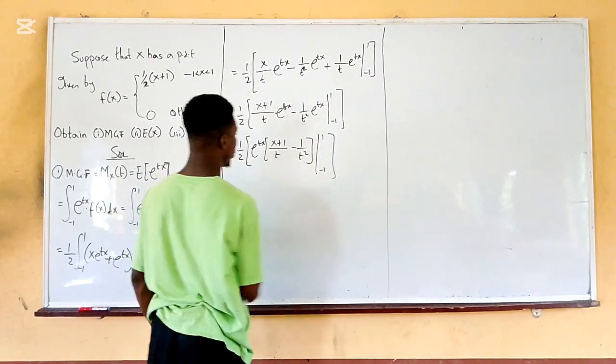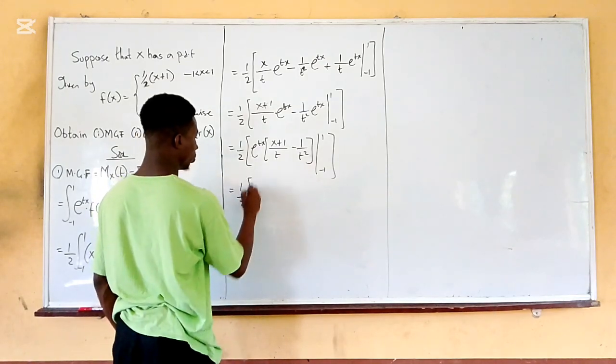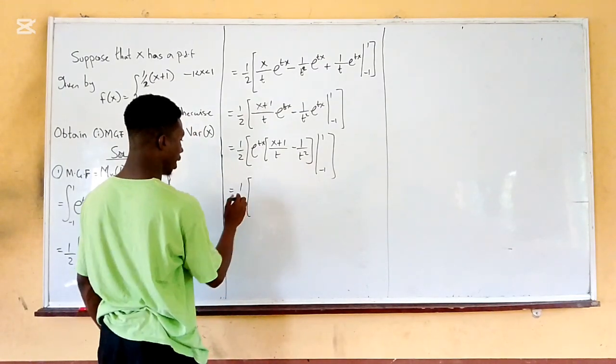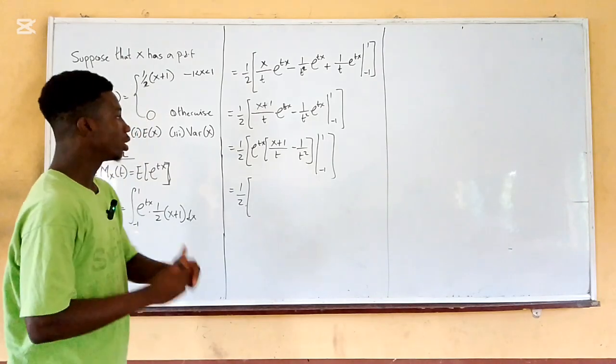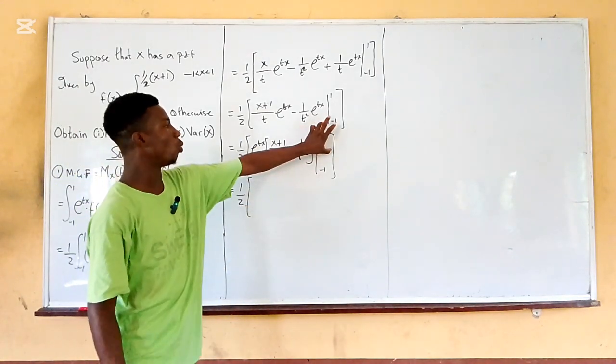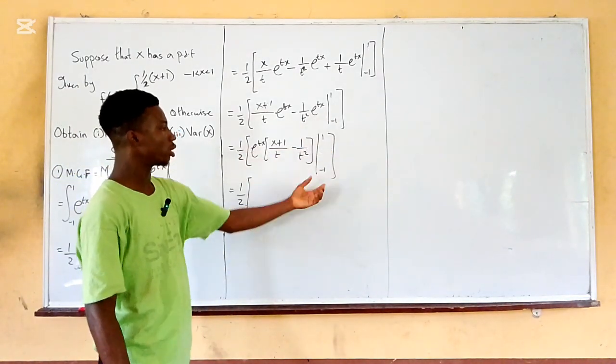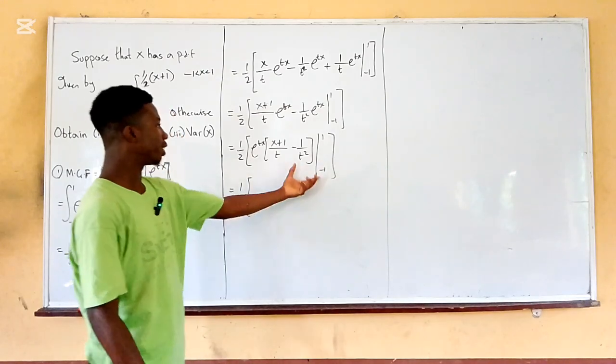Now I can substitute my upper limit minus my lower limit, that is, substituting 1 anywhere I see x minus substituting -1 anywhere I see x.